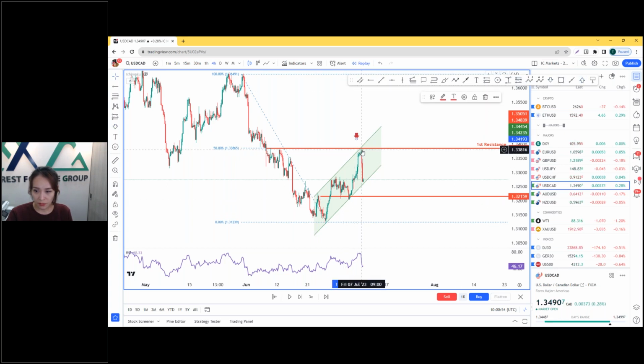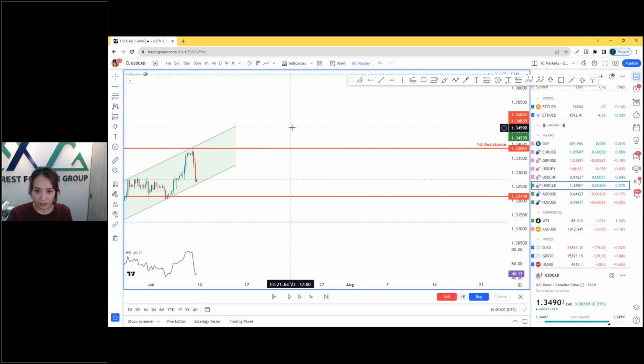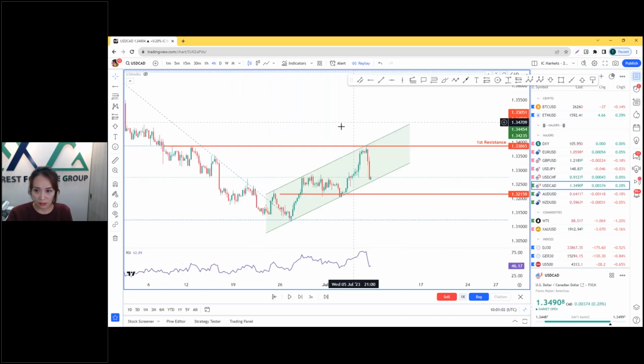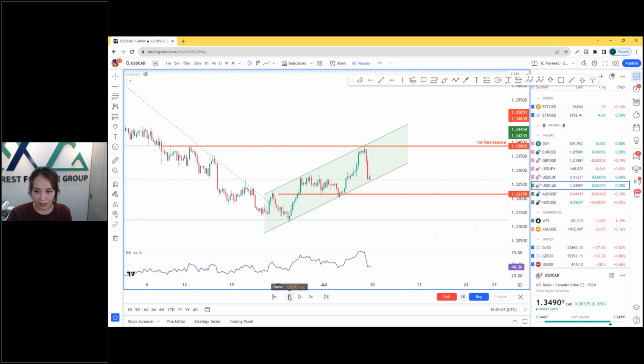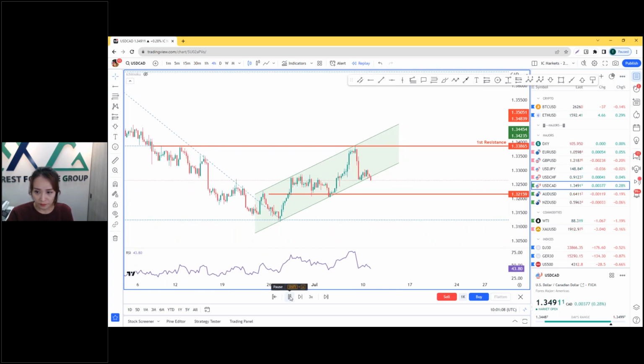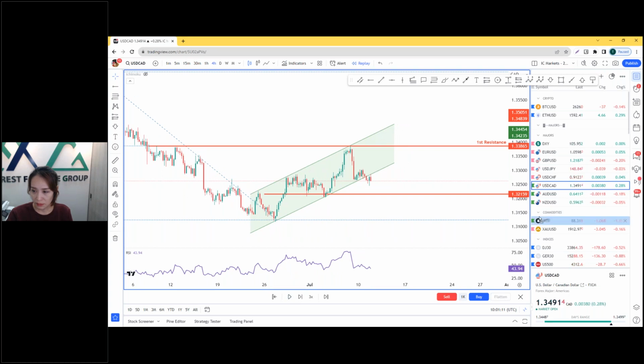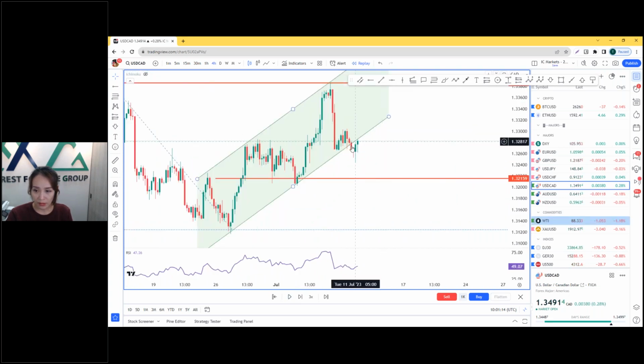Okay, once it touches or reaches your TP, you can see that price has the big rejection here, and then came down within the bullish channel line, and over here price breaks below.